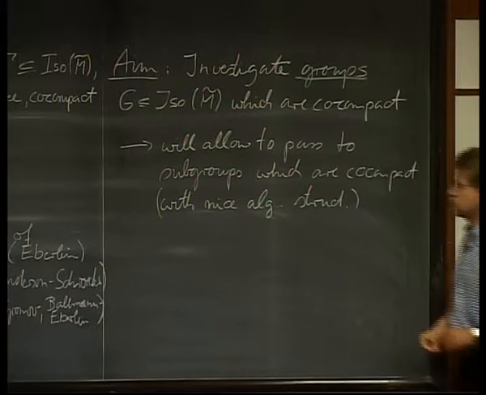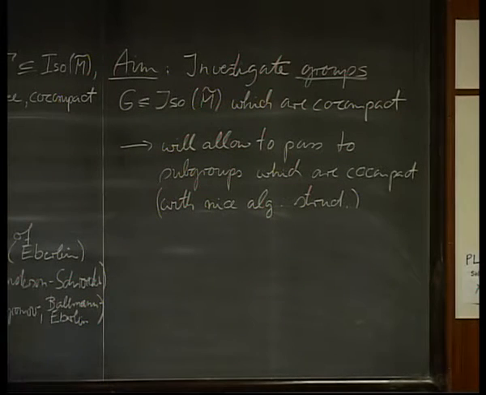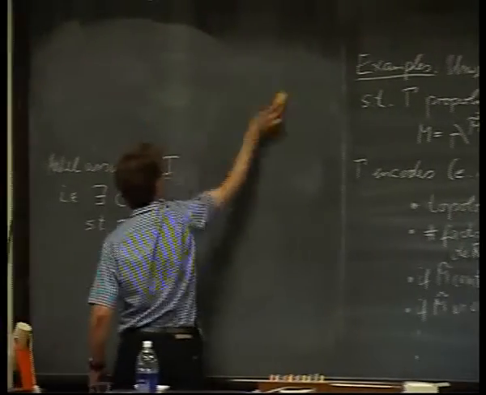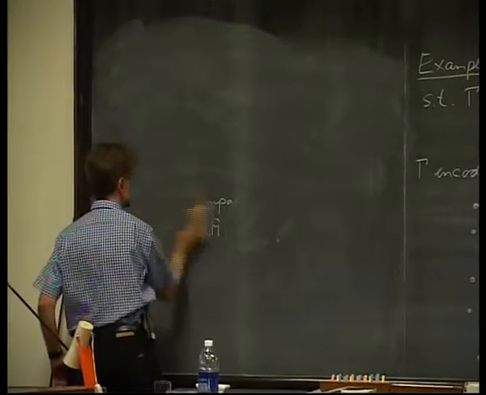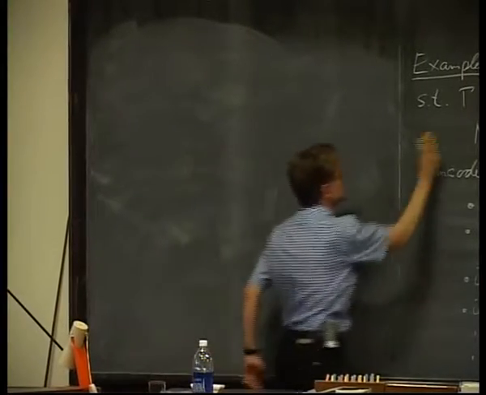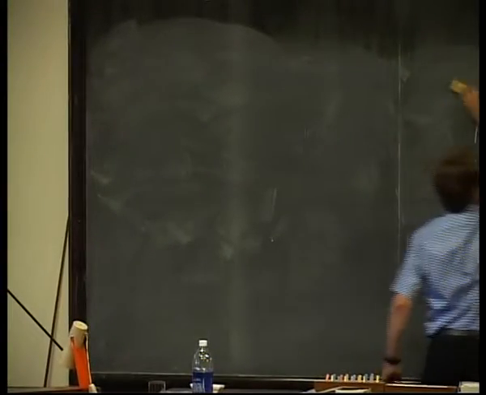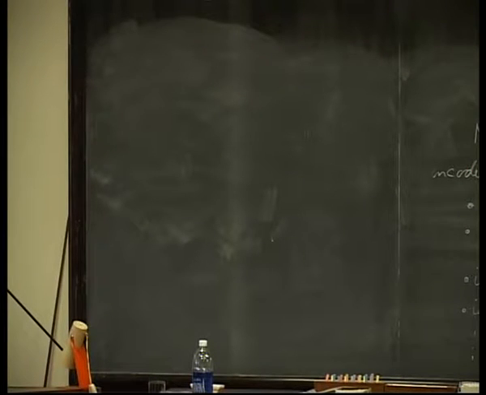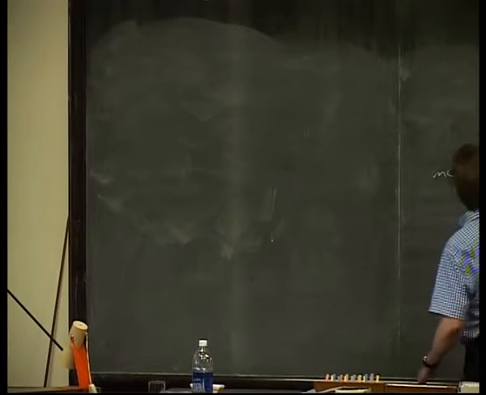So let me come to those examples which have been investigated most for many years. There are essentially two disjoint classes of isometry groups which have been investigated. The first one contains uniform lattices.